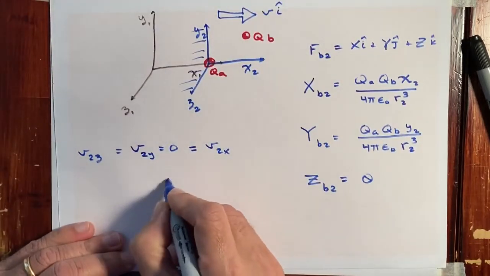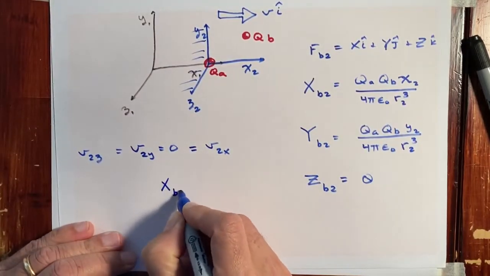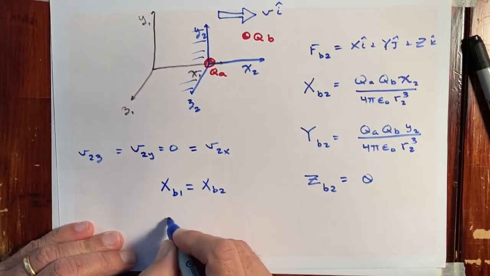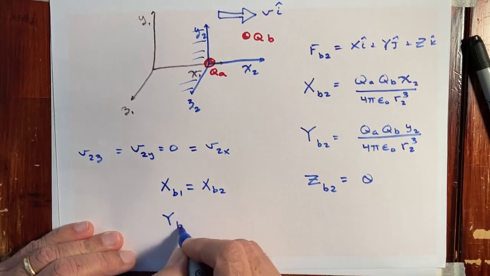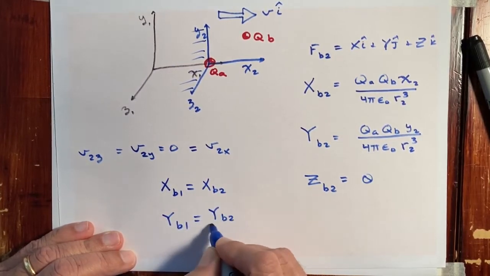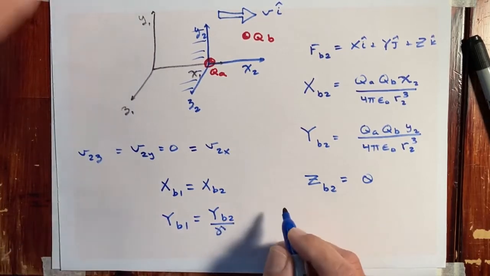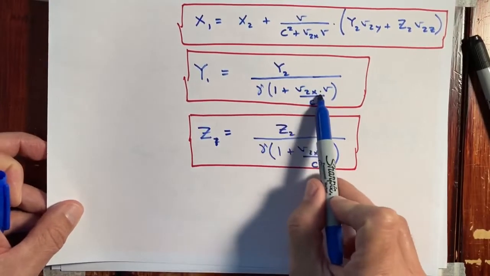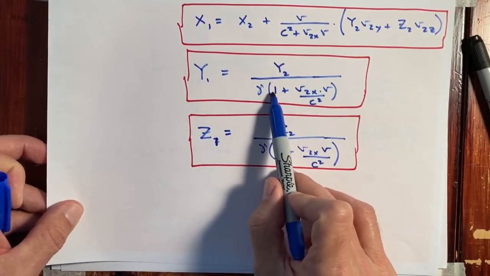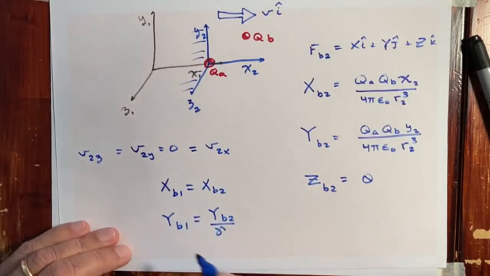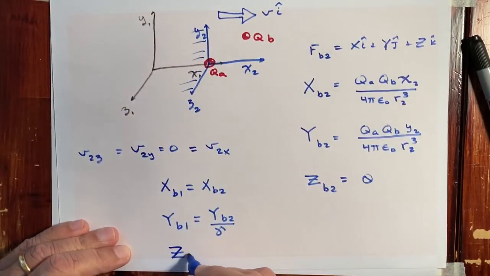Specifically, we have x sub B1 equals x sub B2, and y sub B1 equals y sub B2 over gamma. Why over gamma? Because of this equation right here. That term goes to 0, but gamma is still multiplying a 1 here, so we end up with y sub 2 over gamma. For completeness' sake, we can say z sub B1 equals 0.